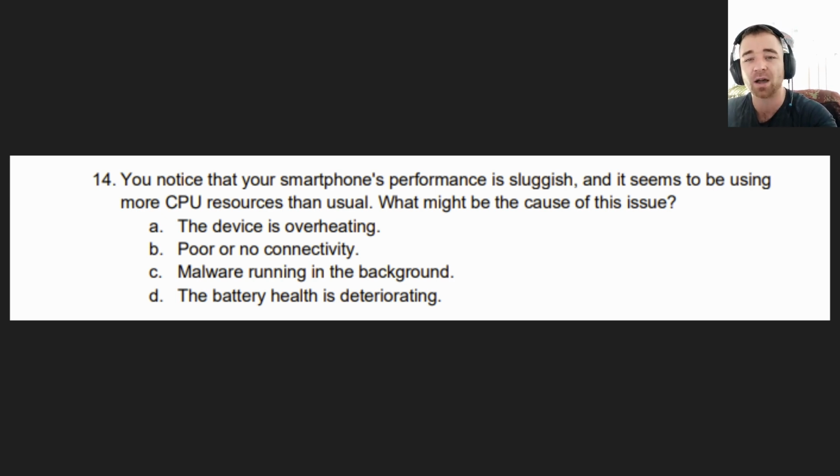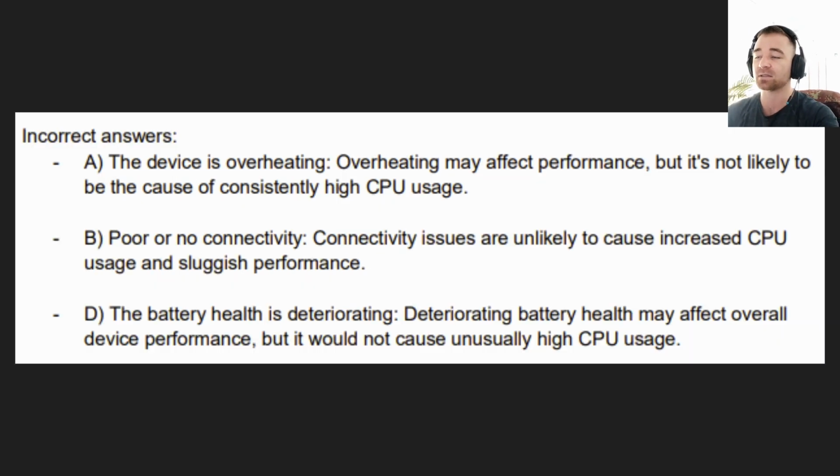Why is the CPU so high? It might be because there's malware operating in the background using your CPU, which is why that usage is so high. So high CPU resources, despite you not using anything, is always a good indication of malware. Now, here's the explanation for some of those incorrect answers, right? That being said, guys, pause the video here if you want to read that.